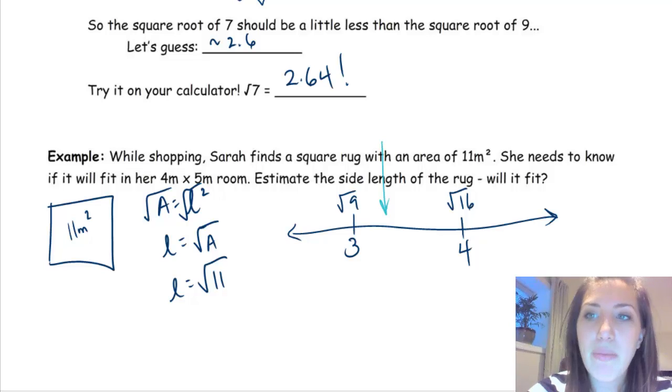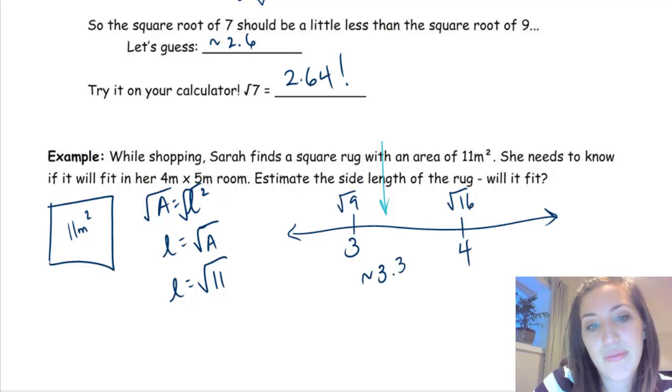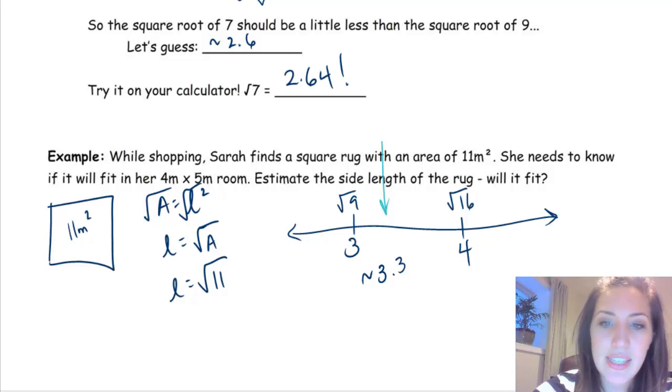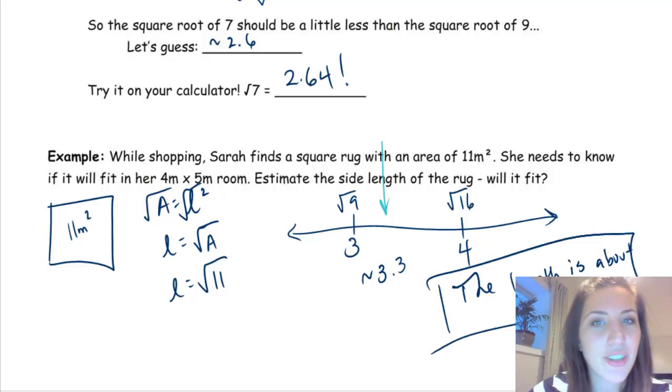So what number do you think that could be? Maybe approximately 3.3? Well, that's a good guess. Let's say the length is about 3.3 meters. So there's our answer.